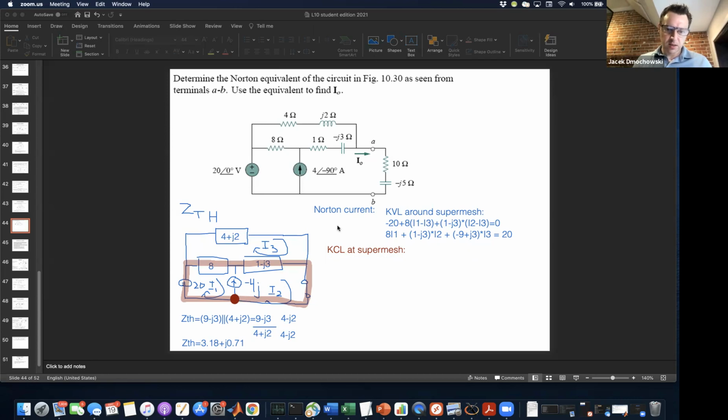Our super mesh equation becomes I2 flowing in is equal to I1 flowing out minus 4j, and so that can be written as I1 minus I2 is equal to j4. Just make sure I got that right.